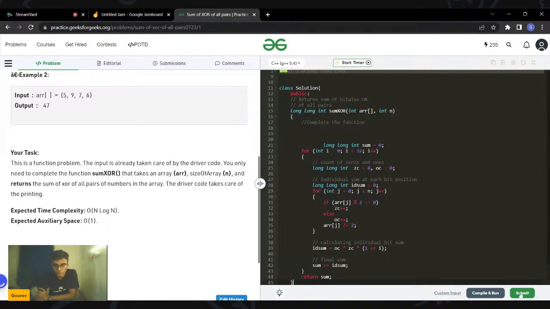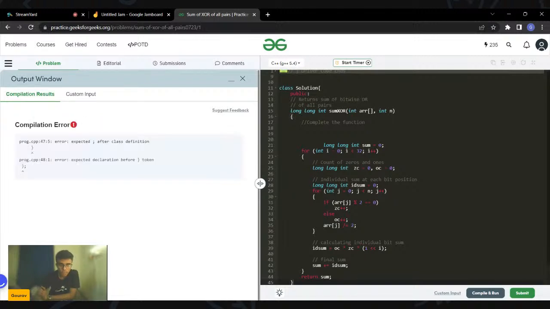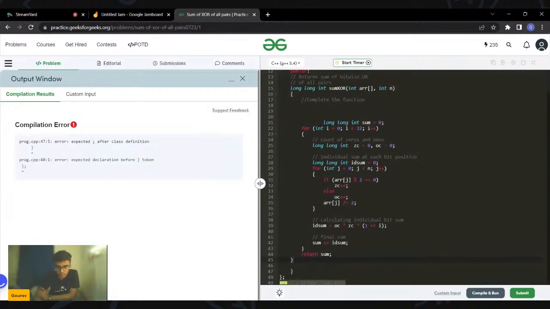So let us try to submit this problem and check whether it is correct or not. Okay, so there is a small compilation error. It says that we should be expecting something, exactly this should be.